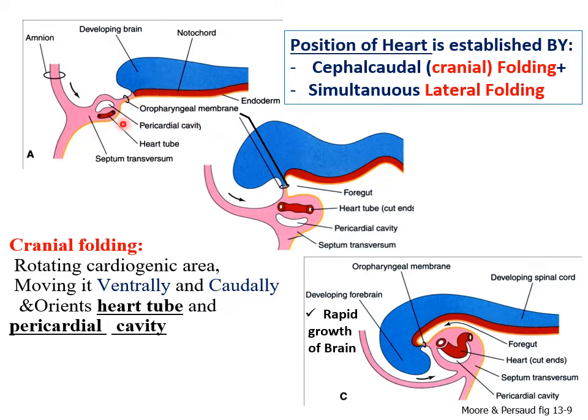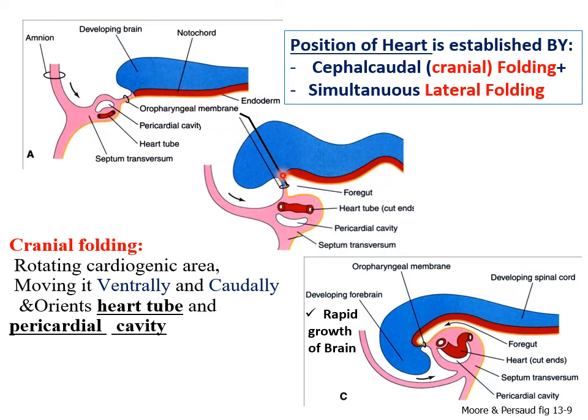If we are talking about the cranial folding, but before going to that, let us differentiate the details of this developing embryonic disc. Here we are having the developing brain. Here is the notochord, and here is the oropharyngeal membrane.